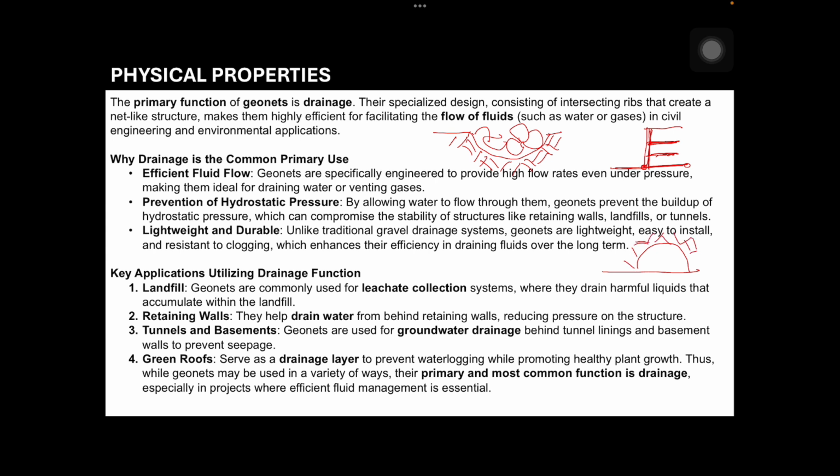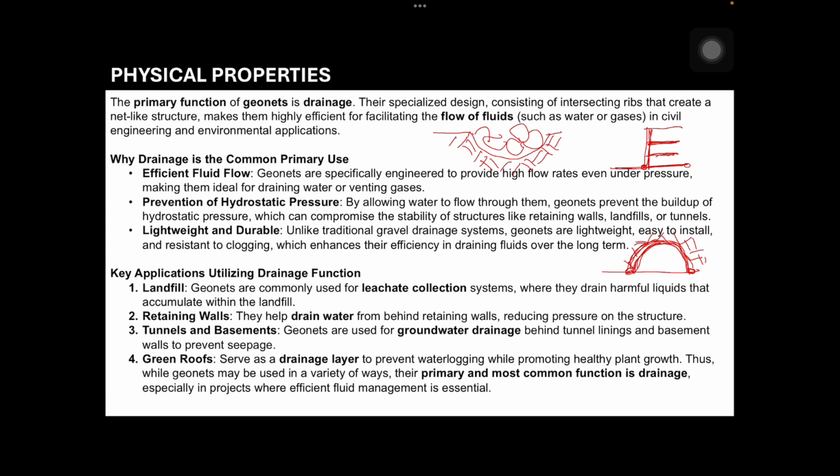So, syempre, soil above yan. So, parang yung example natin sa quiz dati, lalagyan yan ng geomembrane, and then you can also add yung geonet to drain yung water, and then you will have a collecting system dito. Pwede ka magkaroon ng pipes or culverts, etc.